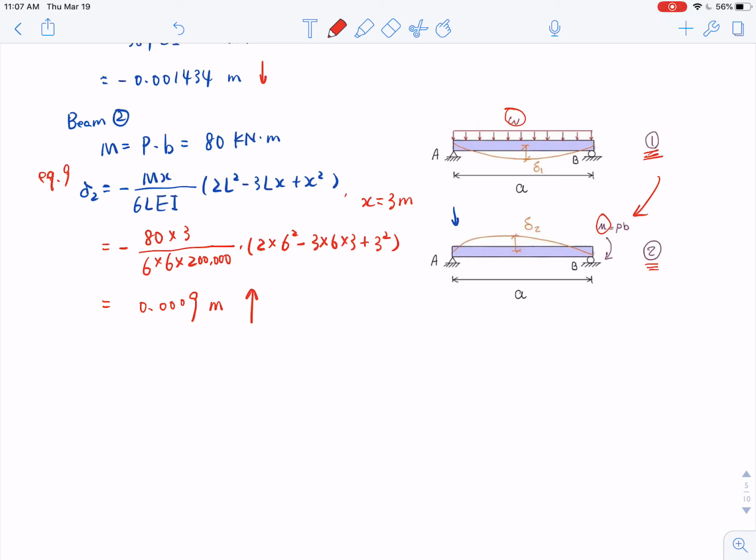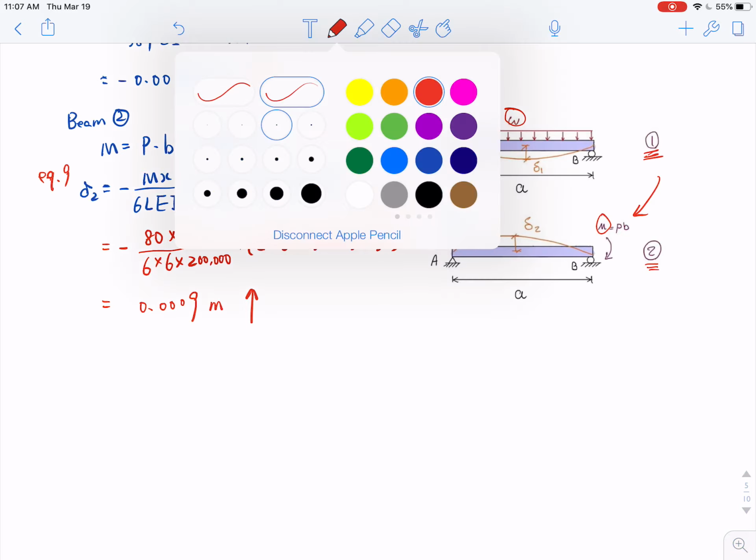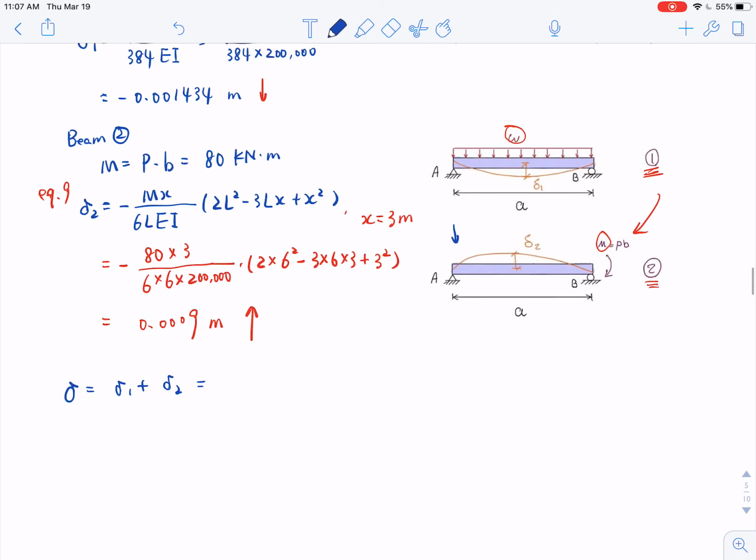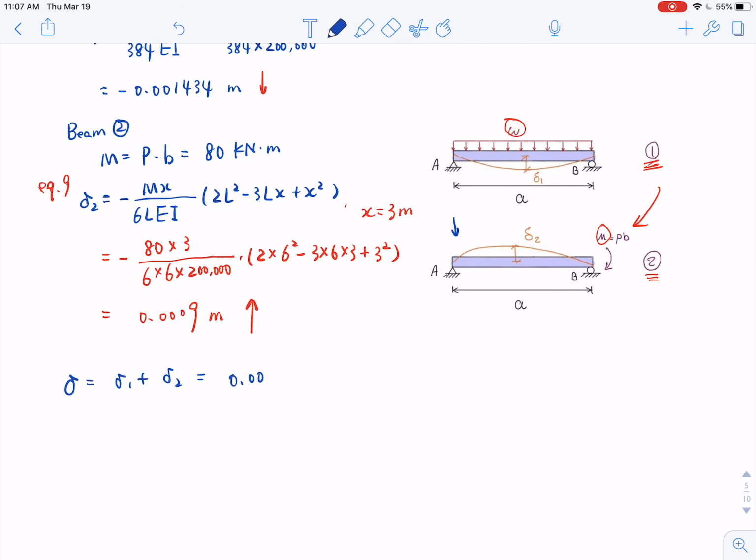Then the overall deflection at the middle span, delta, will be delta 1 plus delta 2. Delta 1 is 0.001434, and delta 2 is 0.0009. Delta 1 is downward, so we denote it as negative, and delta 2 is upward, so we use a positive sign for it.